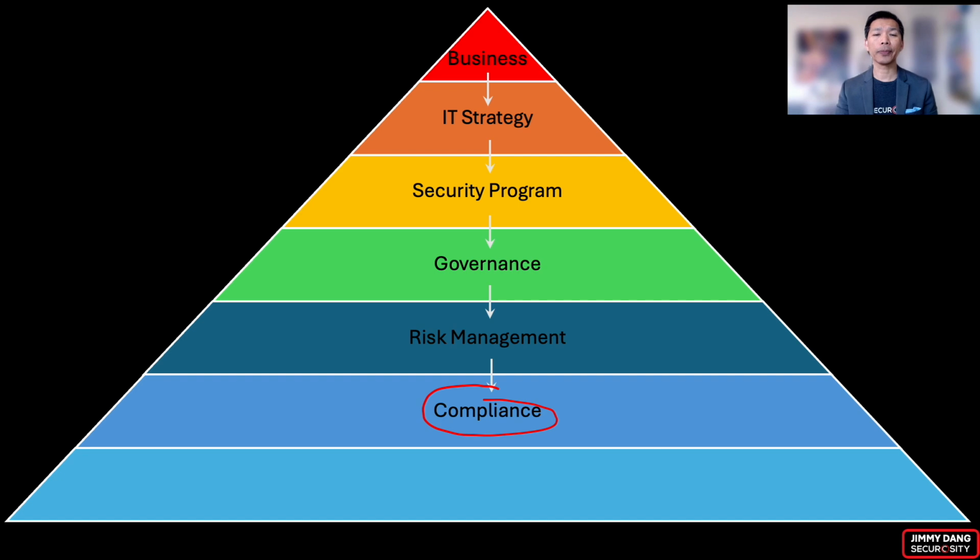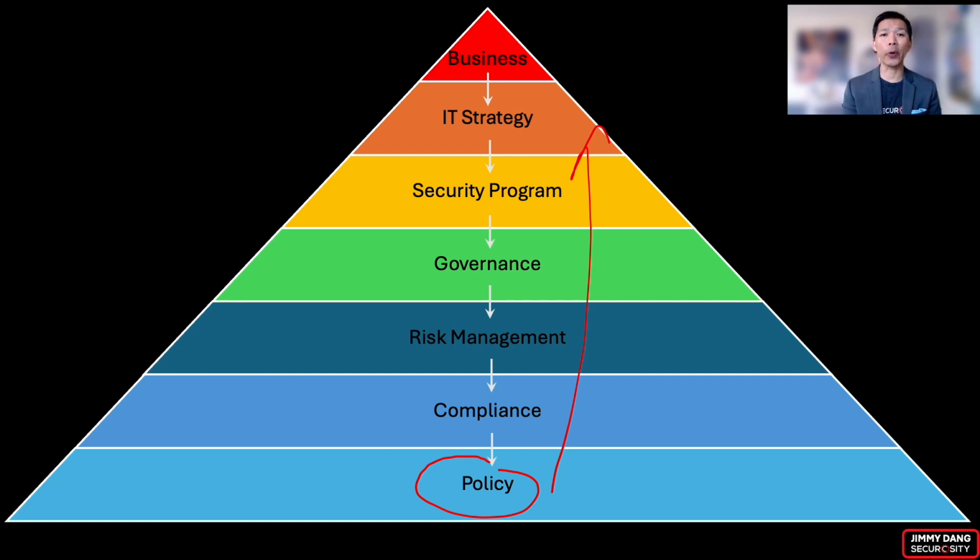And finally, at the base of this pyramid are the policies that provide the foundation for all the layers above. These policies establish the rules and guidelines for how the organization operates, ensuring consistency and alignment with the overall objectives.